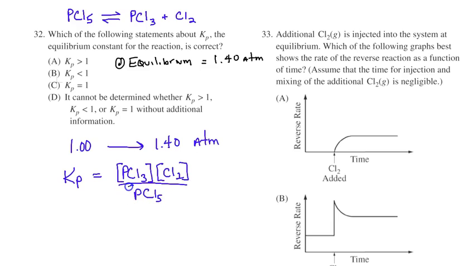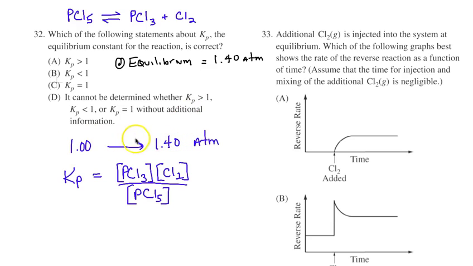Now we know that we went forward a little bit, and we might expect that we made some products and there's more products than reactants, so it's greater than 1. But you really have to think about this sometimes, because you're multiplying 2 of these to 1. It's not always going to be as clear as that. I always say the more products you have, favoring the products, it's greater than 1, and if we're moving toward the reactants, it's less than 1. But how much is it favoring?